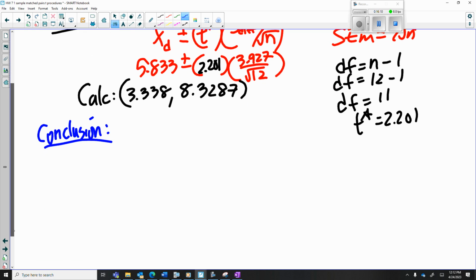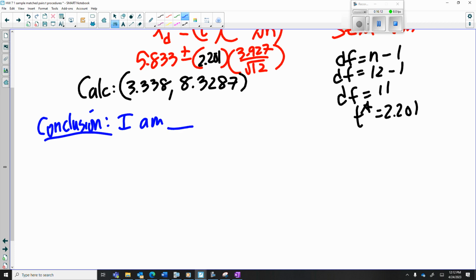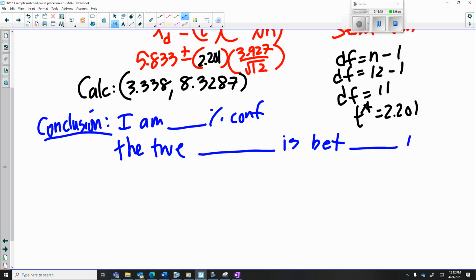So remember my sentence for my interval. It is, I am blank % confident. The true blank is between blank and blank. I am 95% confident.